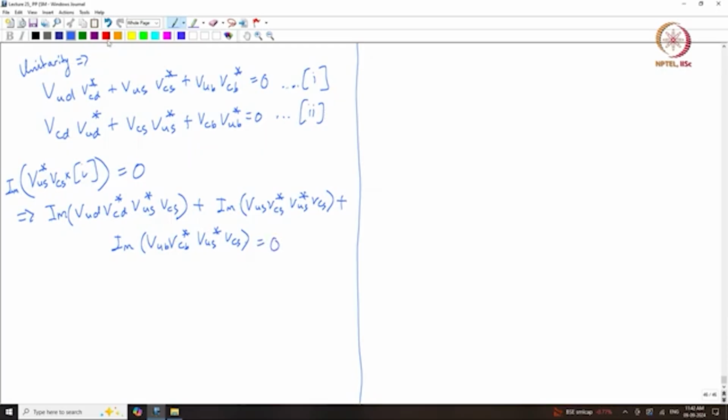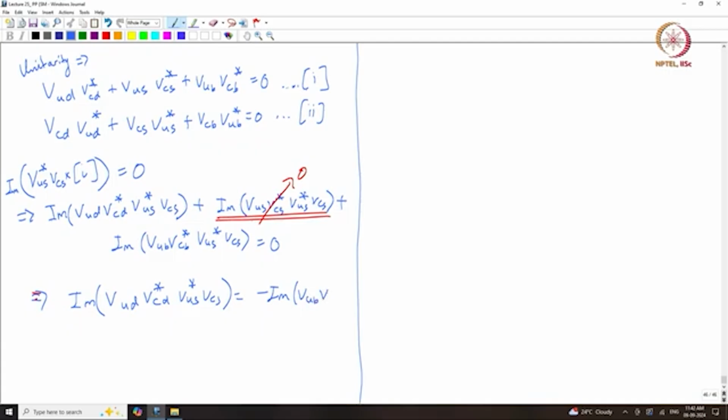Now, what is this middle term? That is absolutely 0. I have just taken VUS, VUS star, which is a real number, and VCS star, VCS, that is another real number. So, I have sent that to 0 and that tells me that at least 2 of these, up to a minus sign, are equal.